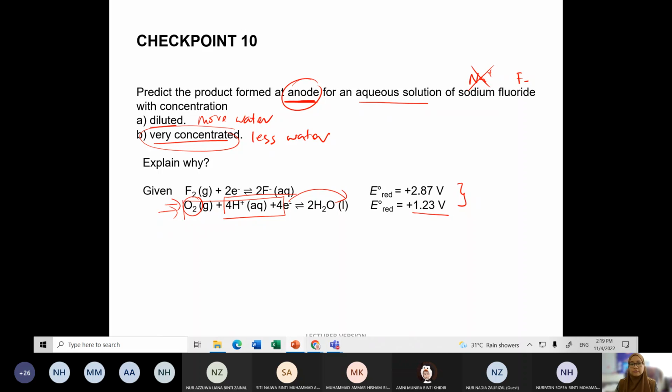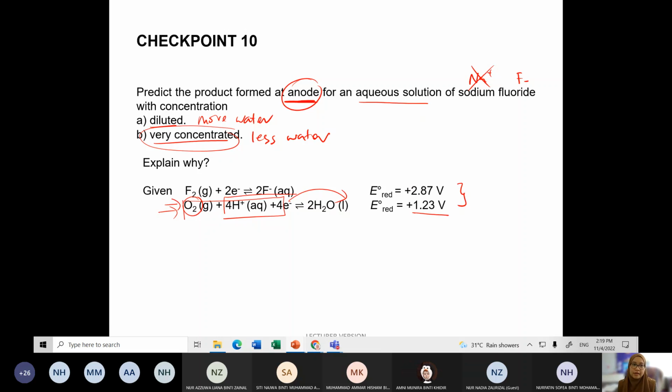Even though in terms of value, based on the concentration factor we learned last time in the table, this is a recap. Even though in terms of value the anode will prefer the more negative, because it is more concentrated, we will choose the ion that has the more positive value.